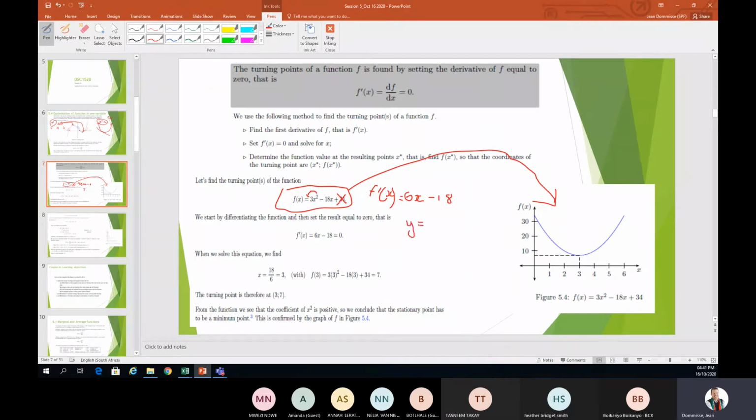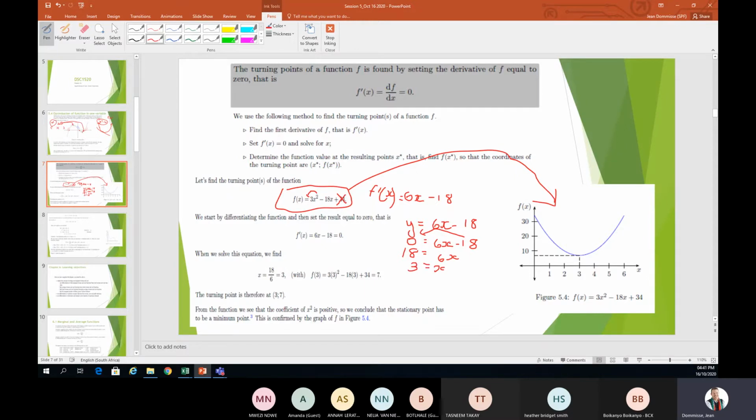We normally know that that is how a straight line looks like. So let's see if I make that 0, we have 6x is minus 18, so that minus 18 would go to that side, so 18 is equal to 6x, and x will be equal to 3.